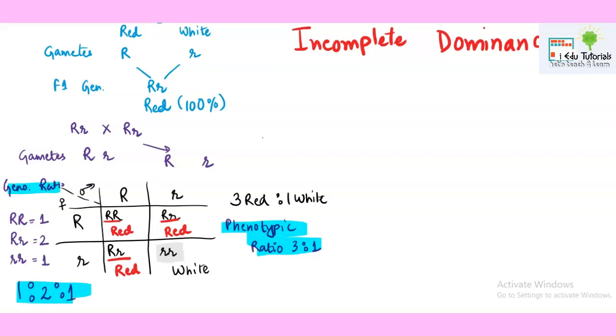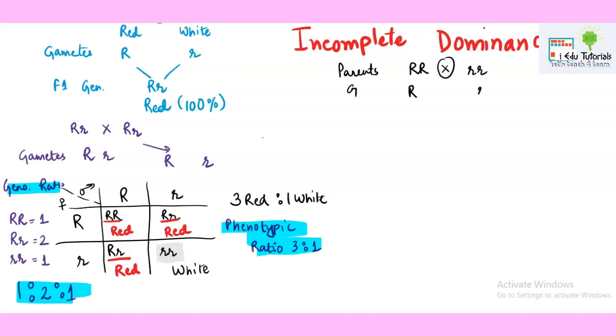Now we will see how it varies in incomplete dominance. We have taken parents here and of course we will be starting with the same genotype as we started with in the law of dominance. So homozygous dominant as the male, homozygous recessive as the female.